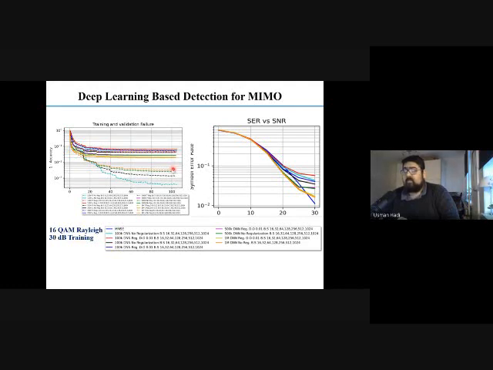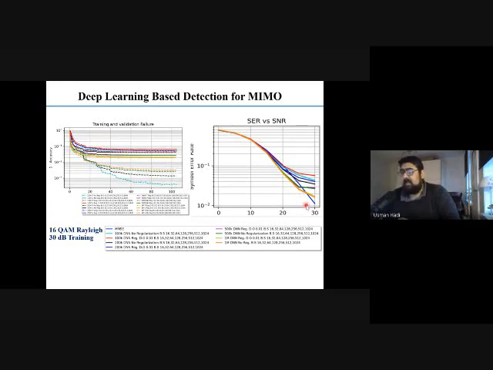So the point is that if you see the symbol error rate for this structure up to 30 dBm, and we're training at 30 dB with 16 QAM, you see this blue one. This is actually the minimum mean square error based receiver, which is a traditional receiver, the benchmark receiver. And we would like to outperform this blue curve. We want to perform better than MMSE.